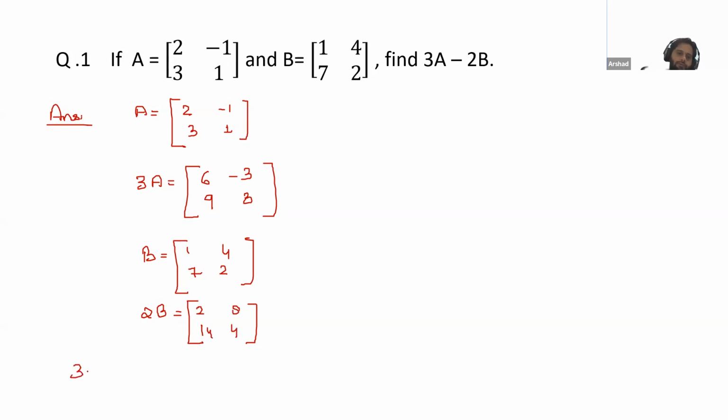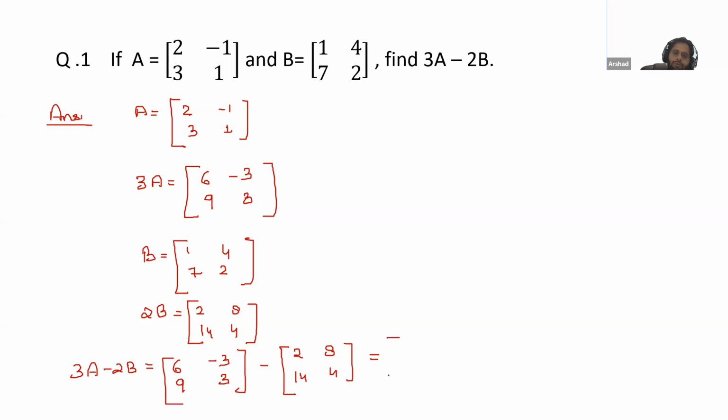Next, what we need to do is 3A minus 2B. What is 3A? 6, minus 3, 9 and 3, minus 2B. So 2B means 2, 8, 14, 4.